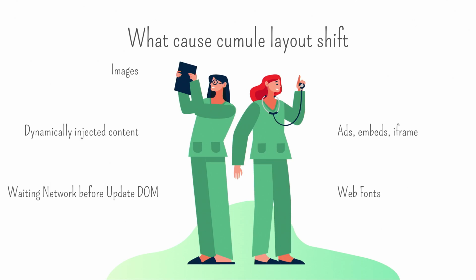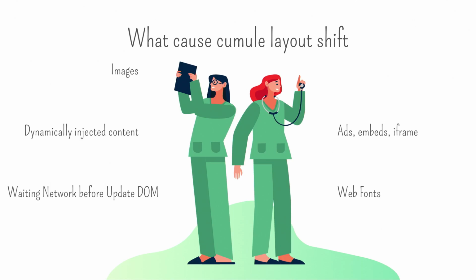So avoid dynamically injecting content, like iframes, something like that. It's not a good idea. Waiting for the network before updating the DOM is very important, because imagine you want to retrieve a list, so your page is rendered, and maybe your call to retrieve all your to-dos takes too much time.